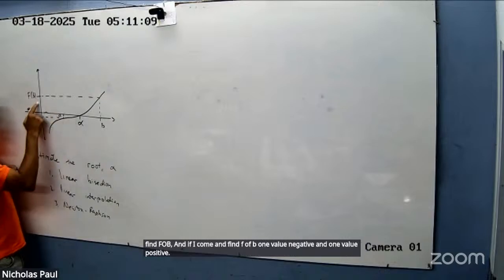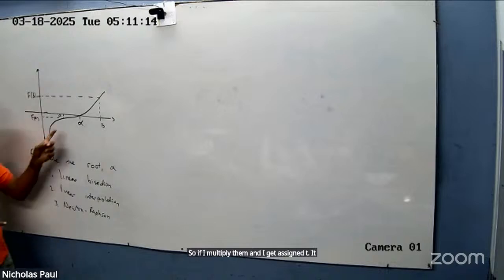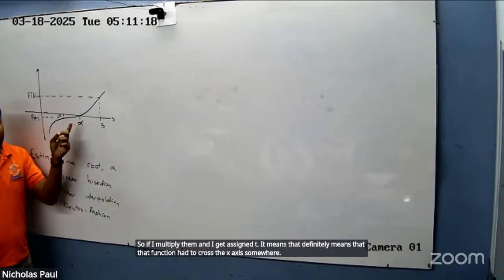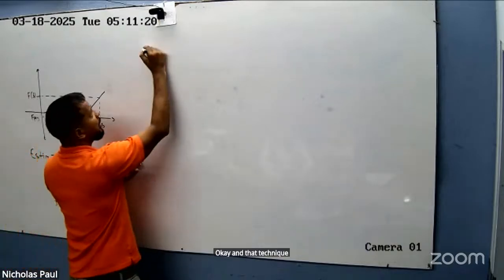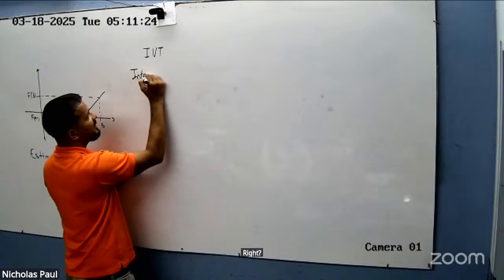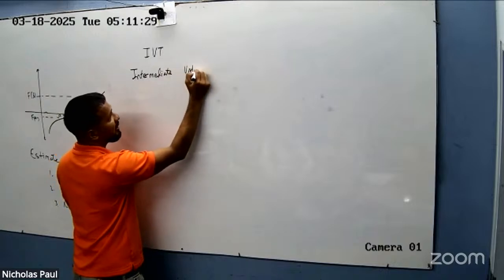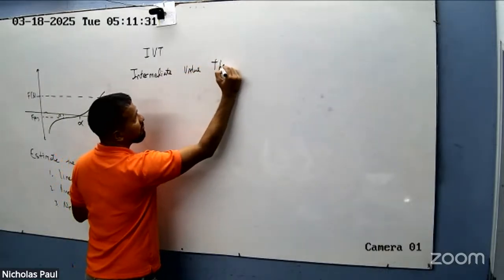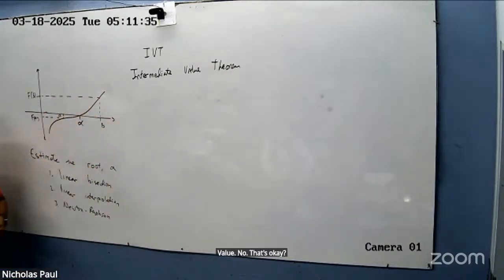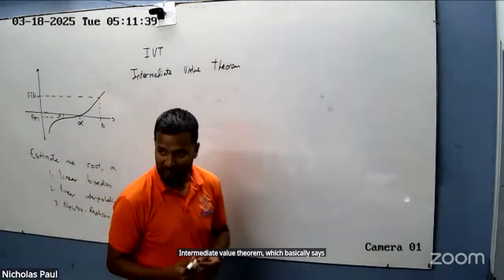So if I multiply them and I get a sign change, it means that definitely that function had to cross the x-axis somewhere. And that technique is what we call IVT, the intermediate value theorem, and I'll give the full definition.